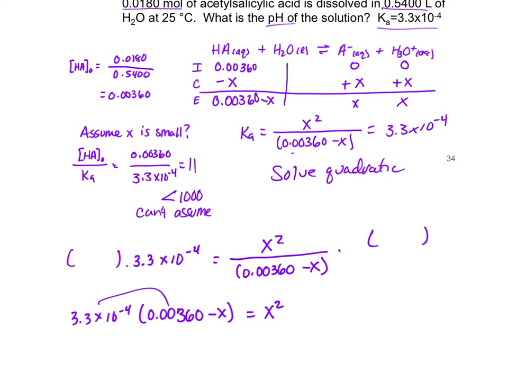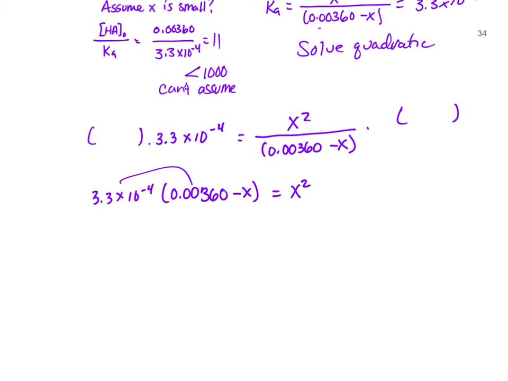Okay, and we'll multiply through here. 3.3 times 10 to the minus 4 times 0.0036 is 1.19 times 10 to the minus 6. All right, and then we're going to do minus 3.3 times 10 to the minus 4 X. And I'm going to go ahead and subtract X squared from both sides and set everything equal to 0.